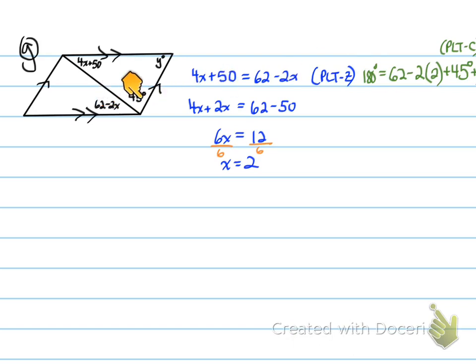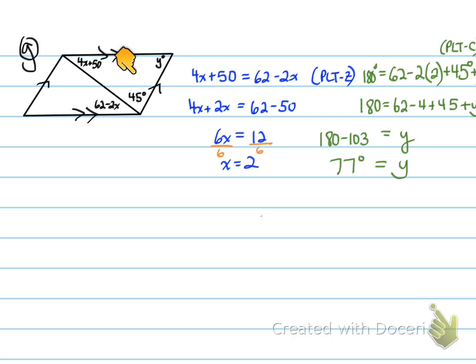So remember that C pattern says this angle plus this angle will equal 180. That's another way to solve this. And we do that when we solve for y by collecting all the like terms, moving things over, and we figure out that it's 180 minus 103, which means the angle for y is going to be 77 degrees. So we have determined the value of x, we've determined the value of y, and we've answered the question.